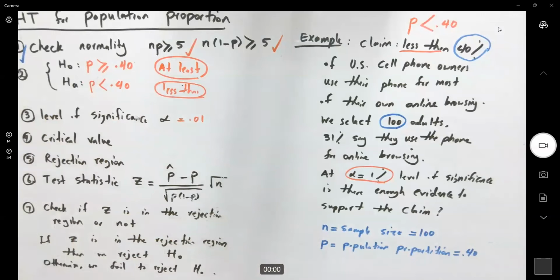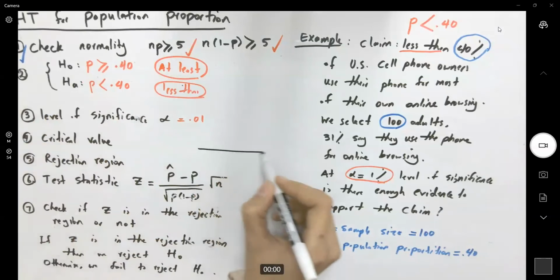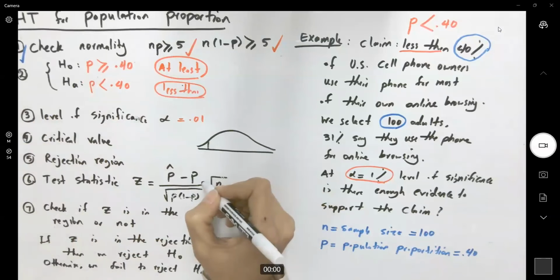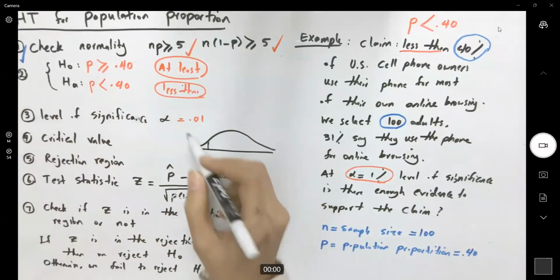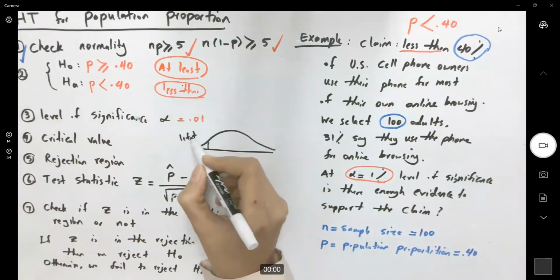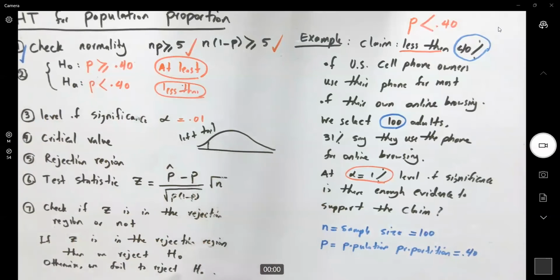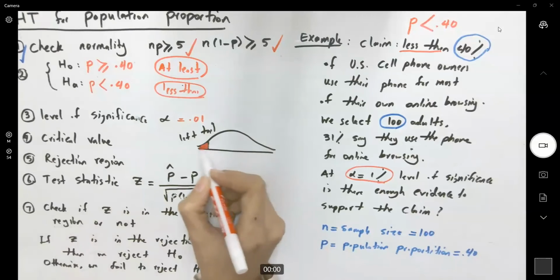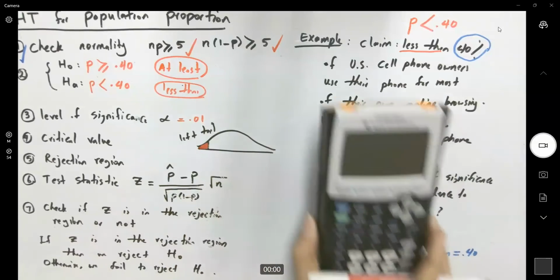So our normal distribution says we have a left-tailed graph. For this left-tailed graph, 1% is on the left-hand side. This is just 1%. So let us use our calculator.